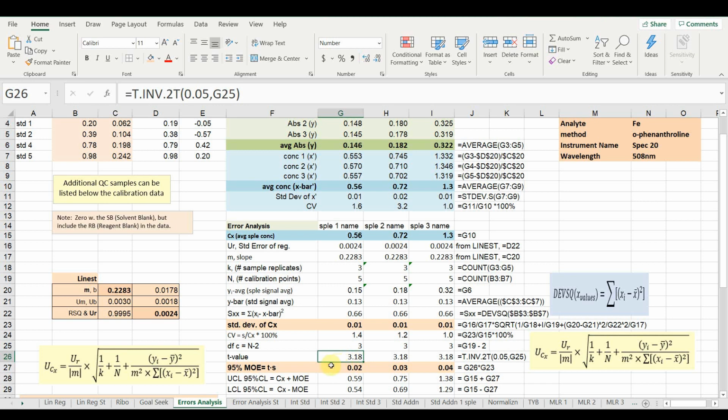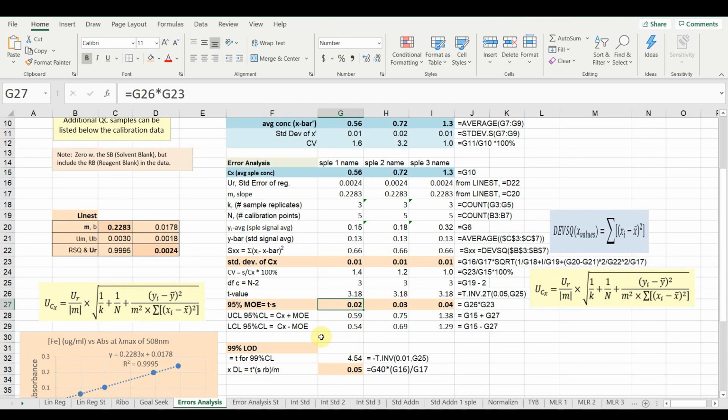So the 95% margin of error is t, the t value, which is G26, times the standard deviation, so it's 0.02. So then to obtain our 95% confidence limits, we simply add the margin of error to our concentration and subtract the margin of error from our concentration, and these then represent our 95% confidence limits on our forecast.